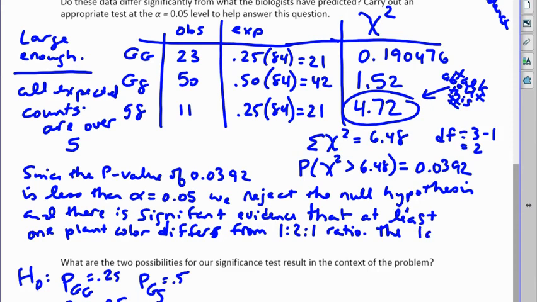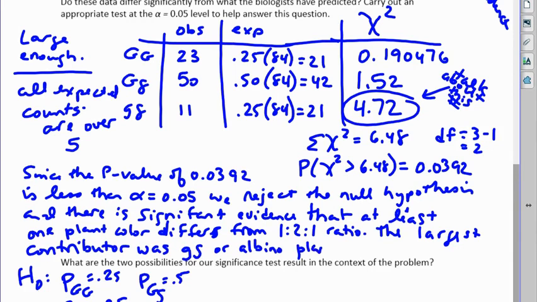The largest contributor was gg, or albino, plants with chi-squared equals 4.72, period.